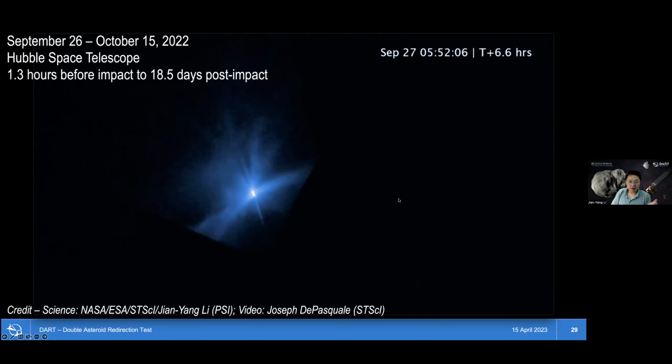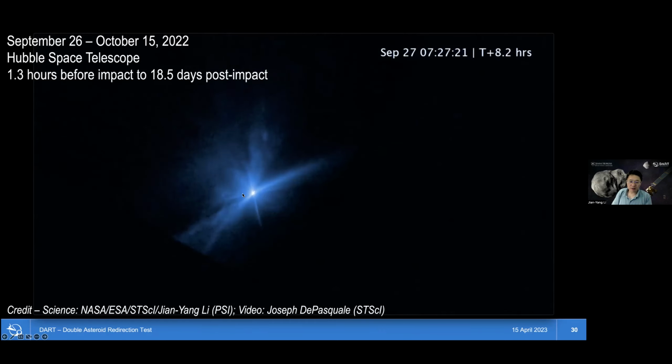Then, if I just go through the sequence, you can see similar to what JWST saw, but with sharper images, I would say. You can see this feature goes out, all within the ejecta cone towards the left, right? DART comes in from the left about, I would say, 20, 30 degrees above the horizontal direction.